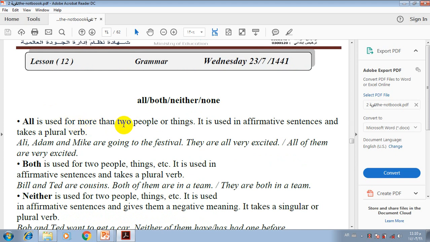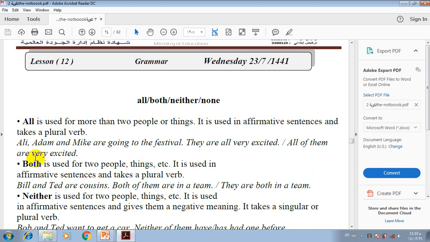for more than two people or things, and it's used in affirmative sentences and takes a plural verb. Like this example: Ali, Adam, and Mike are going to the festival. They are all very excited.